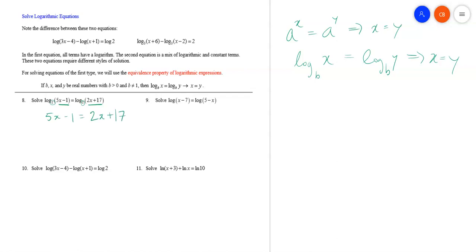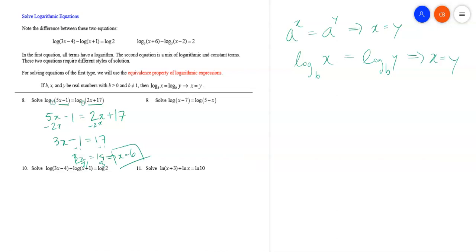And then we can solve for x in the normal way. We can subtract 2x on both sides, and it goes 3x minus 1 is equal to 17. We can add the 1, so 3x is equal to 18. And then when we divide by 3, 18 over 3, x is equal to 6. Those kinds of problems will work out very nicely.